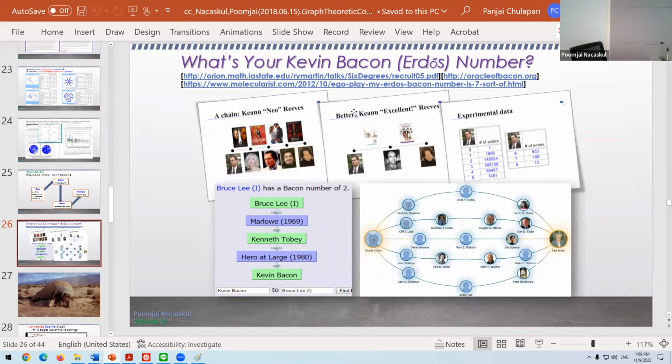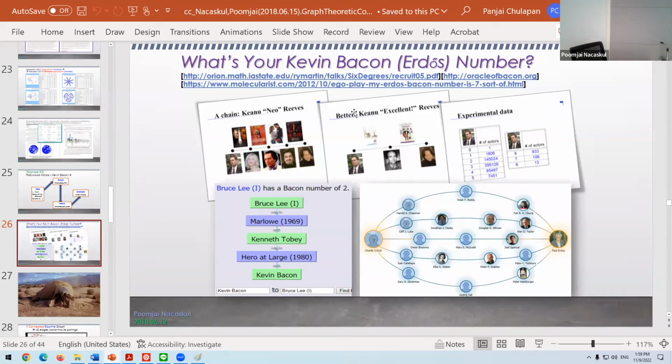By the way, this is a matrix as well. It's a matrix of movies. If you think about it, this is actors, this is movies, and each entry is 1 or 0.